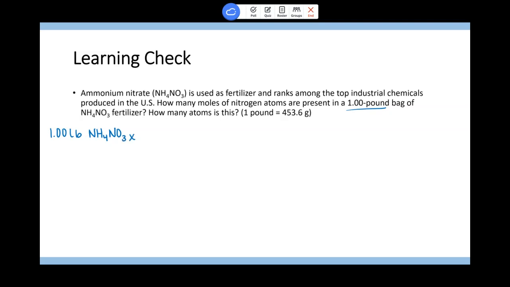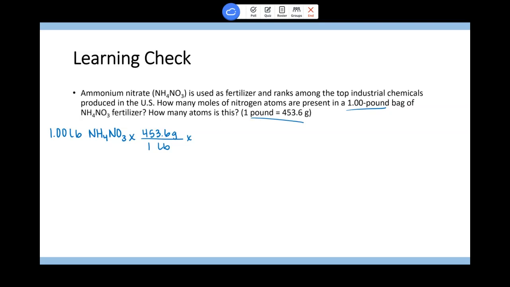And if we want to end up in units of moles, we need to first convert to grams, and then we can always convert grams to moles. So we have to convert pounds to grams using the conversion that's provided. Now we're in grams of ammonium nitrate.